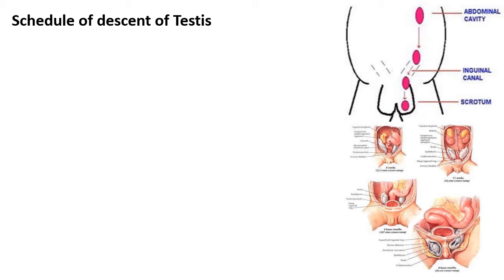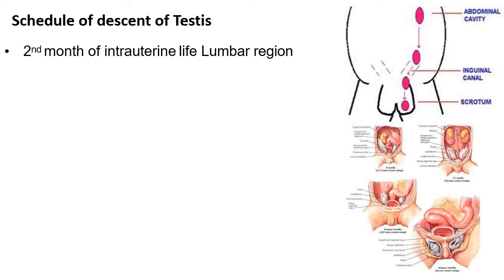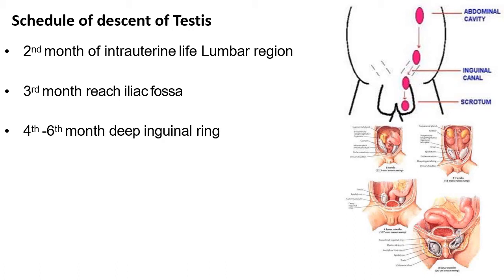It is now important to know the schedule of descent of testes. At the second month of intrauterine life, they are at the lumbar region. By the third month, they reach the iliac fossa. At the fourth to the sixth intrauterine month, they reach the deep inguinal ring.